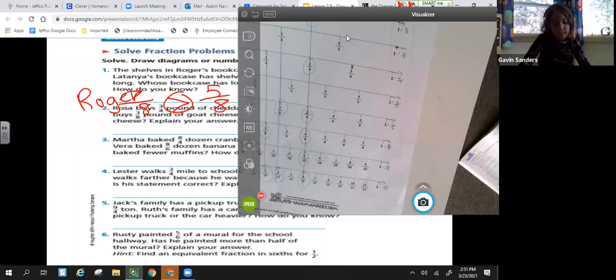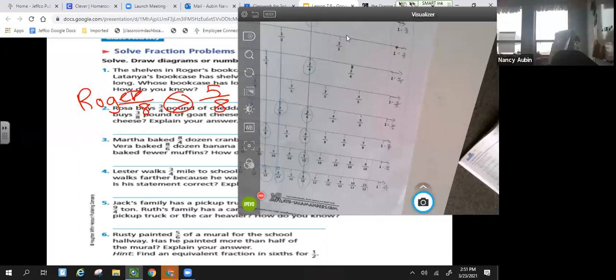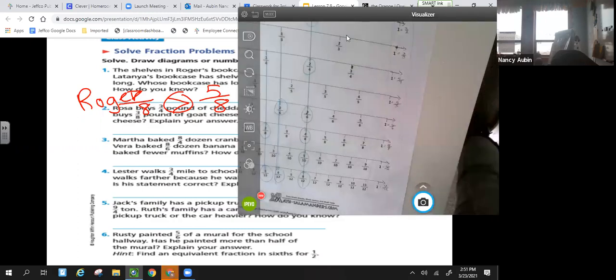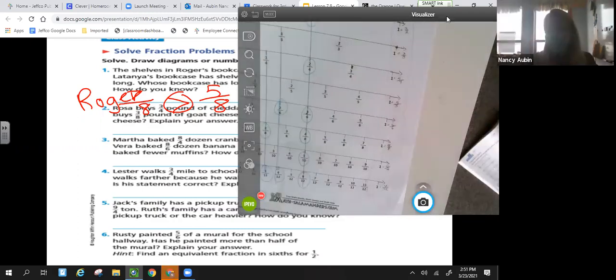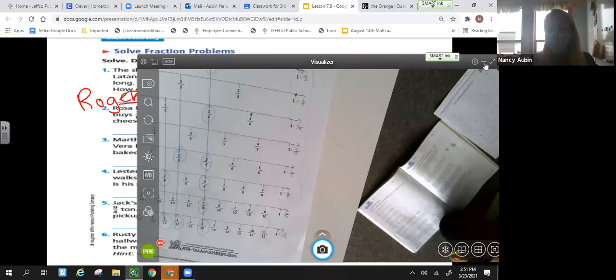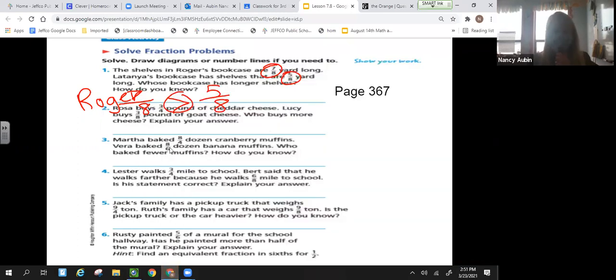Okay. All right, let's go ahead and look at number 2. Okay, number 2, Rosa buys 3/4 a pound of cheddar cheese. Lucy buys 3/8.